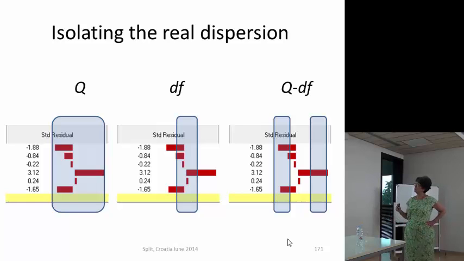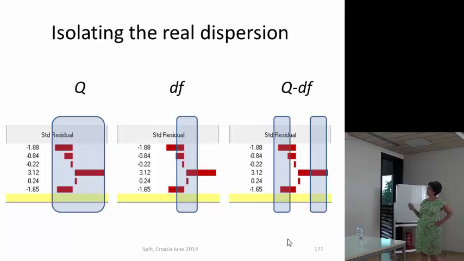We can do a Q test based on the amount of dispersion we would expect given the number of studies we have and the size of those studies. Okay?